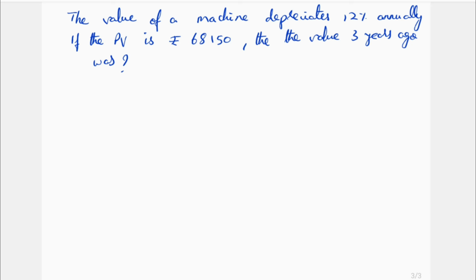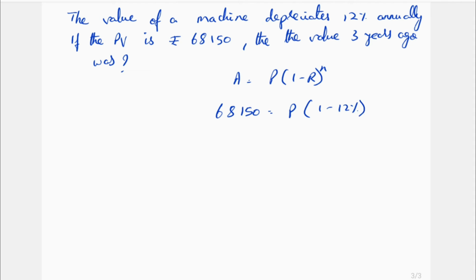Again, as I said previously, in case of depreciation, instead of appreciating the value, you are going to be reducing the value. So instead of 1 plus r, it is 1 minus r. So the amount is equal to principal multiplied by 1 minus r the whole power n in case of depreciation. Now I have 68,150 as today's value, which is the principal multiplied by 1 minus 12%.